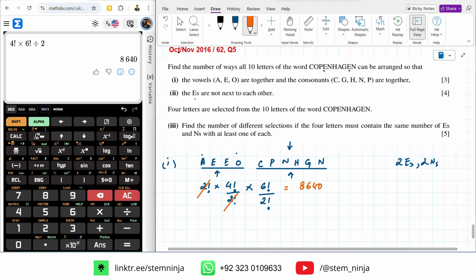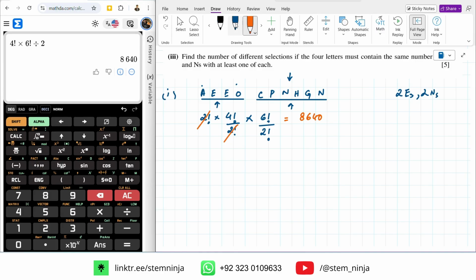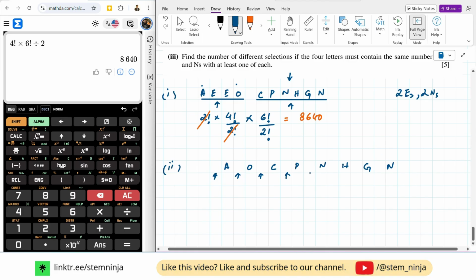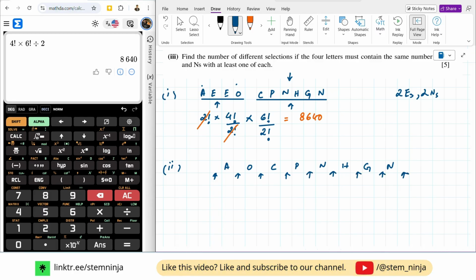Right, now for the case where the E's are not next to each other, we can do the same thing we did in the previous question. If there are no E's, you have A, O, C, P, N, H, G, N. So E's can be over here, here, here, and so on.